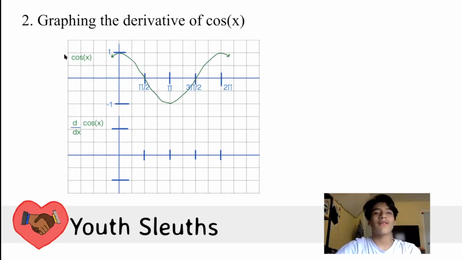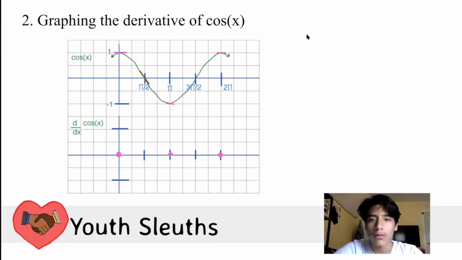So now we'll be graphing the derivative of cosine. As we did before, we are going to find where the instantaneous slope is 0 on cosine. And there are 3 points at 0, 2 pi, and pi. And so we will graph these on the derivative as zeros. And then at pi over 2, we could see that there's an instantaneous slope of -1.